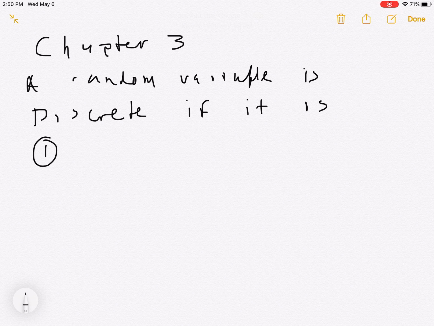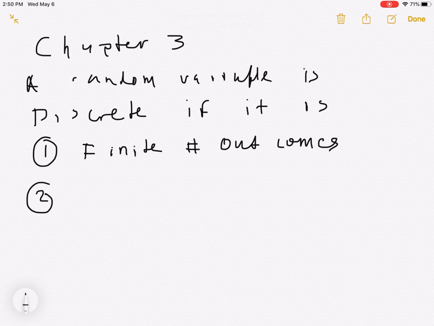So one criteria is that it could have a finite number of outcomes. A second criteria is that it has the counting numbers as an outcome.